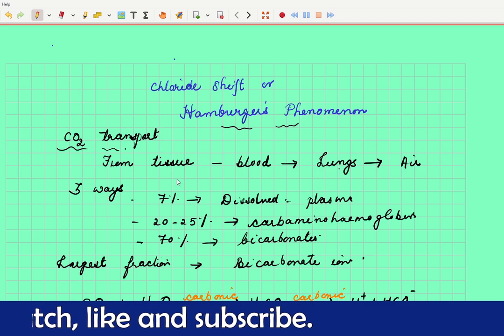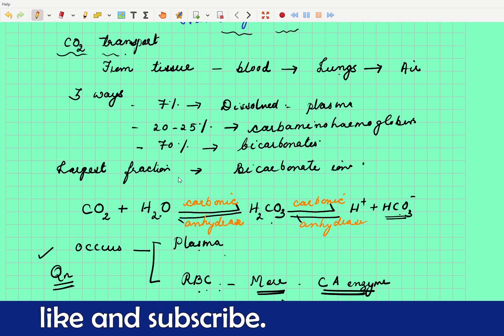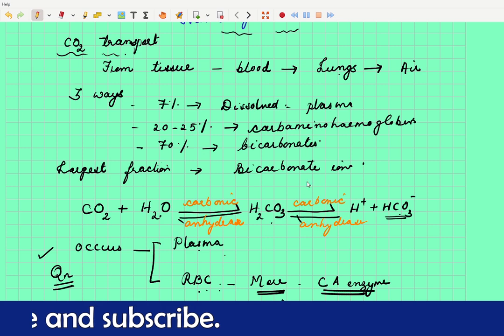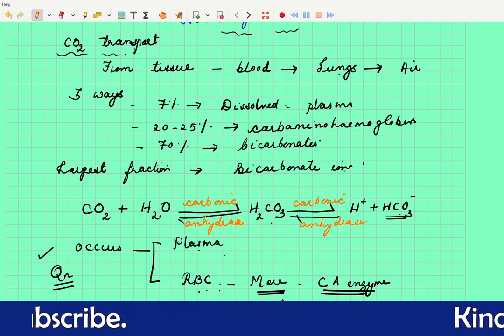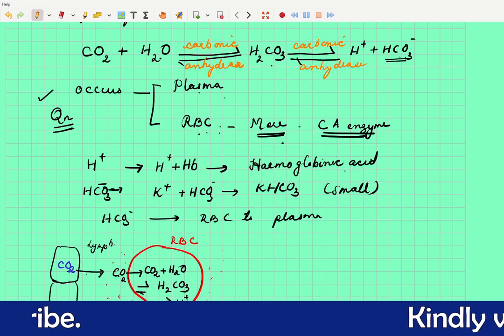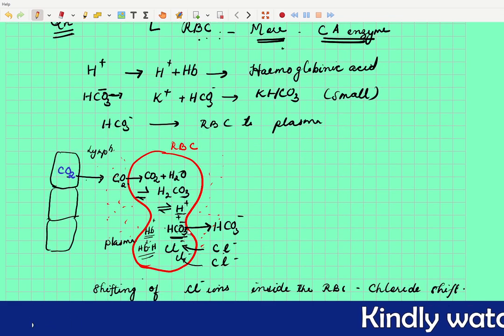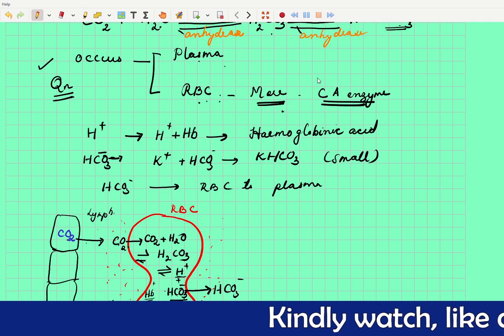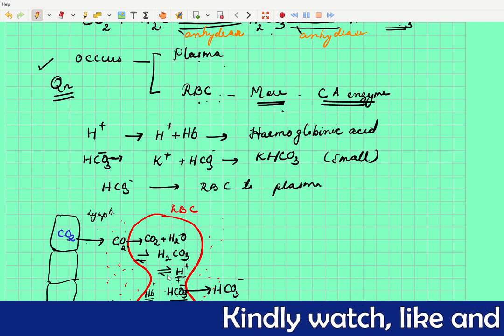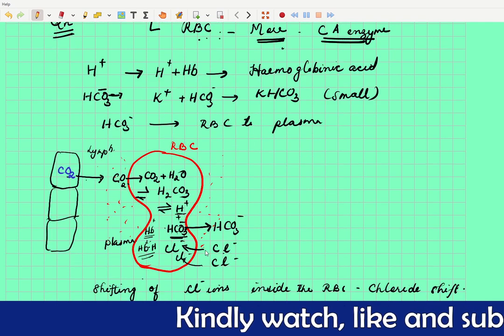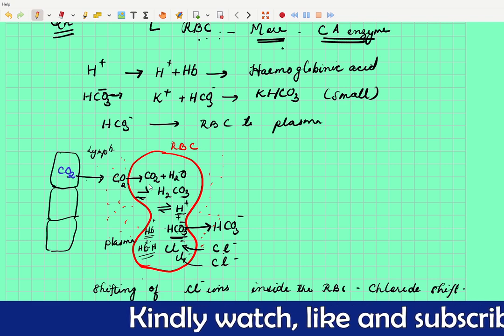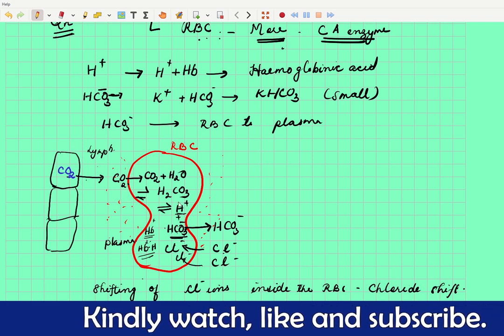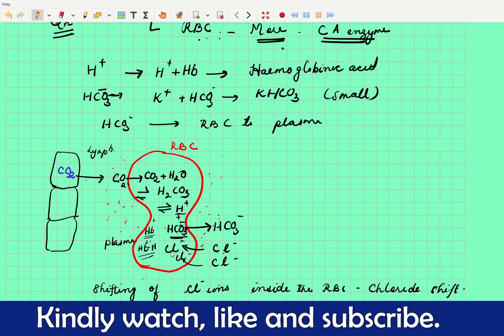The majority of the carbon dioxide is transported in the form of bicarbonate ions. This bicarbonate ion will not stay in the RBC. This reaction takes place both in the plasma and the RBC, but the rate of reaction is more in the RBC. So we are concentrating more on the RBC. Here, carbon dioxide is converted into bicarbonate ions.